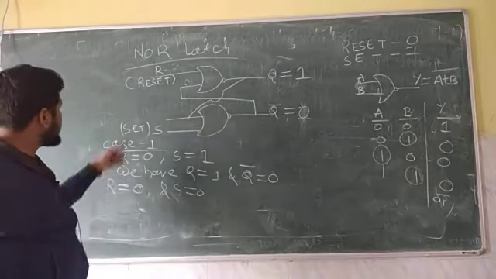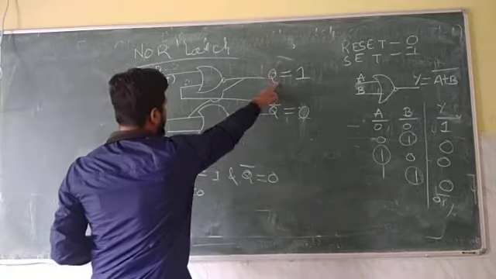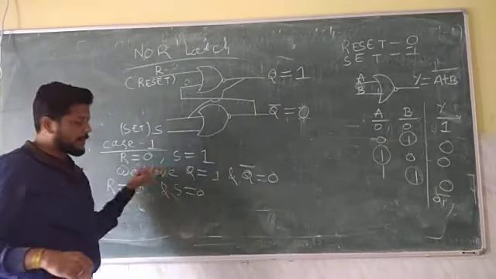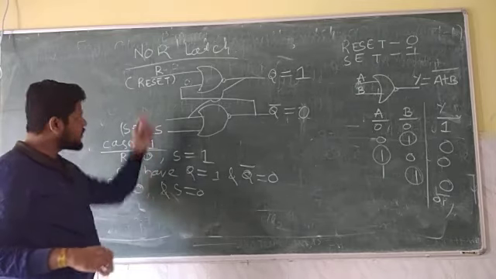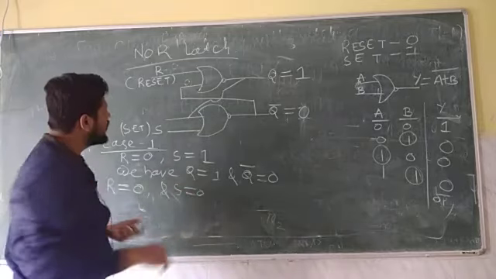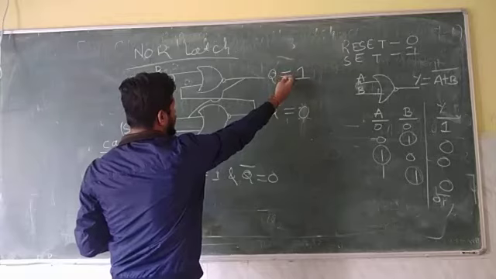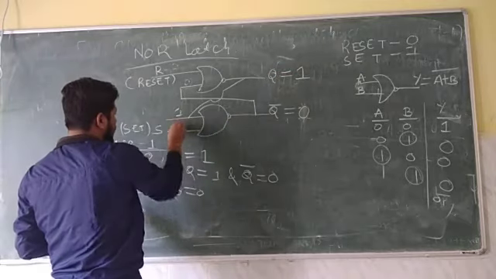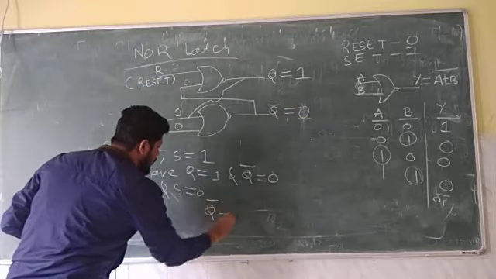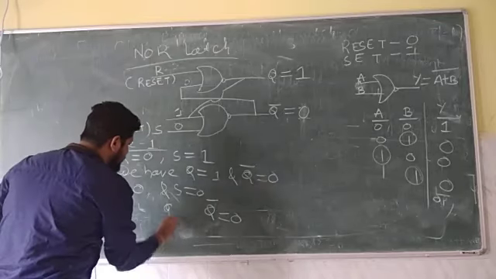The moment this is applied, Q is equal to 1. Q equal to 1 coming here with R equal to 0 gives Q bar equal to 0, and now the inputs are 0, 0, so Q is equal to 1.